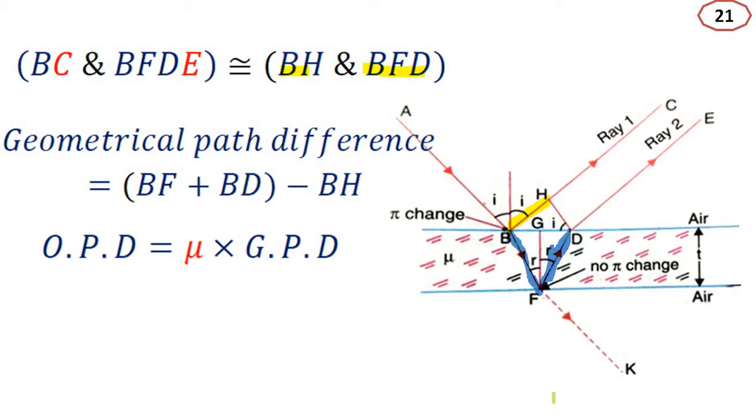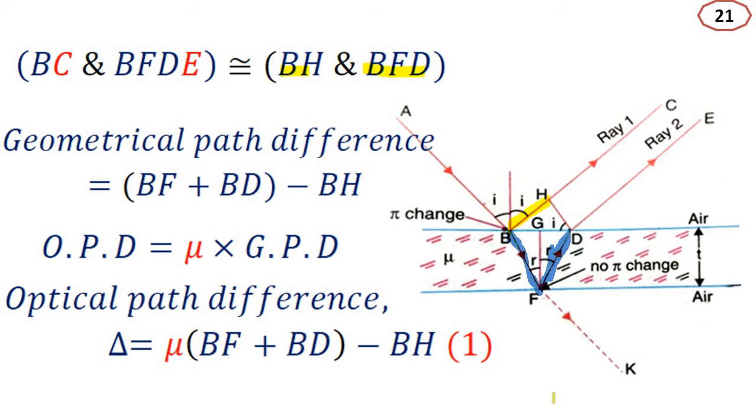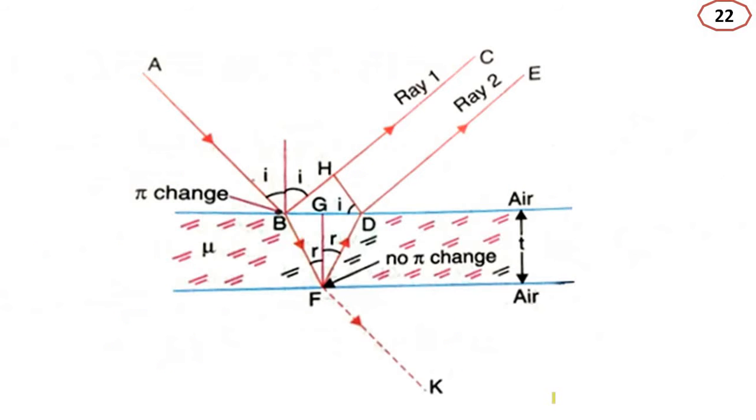Optical path difference equal to refractive index mu into geometrical path difference. That is, optical path difference delta equal to mu into BF plus FD minus BH. Let it be equation 1. So this is the diagram.